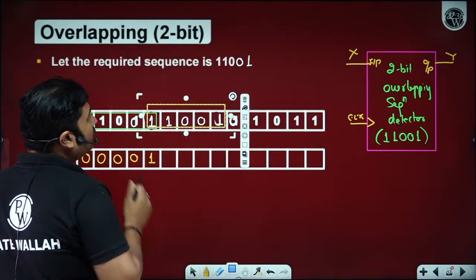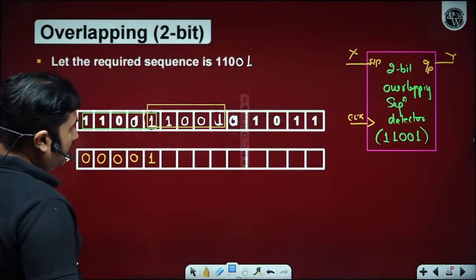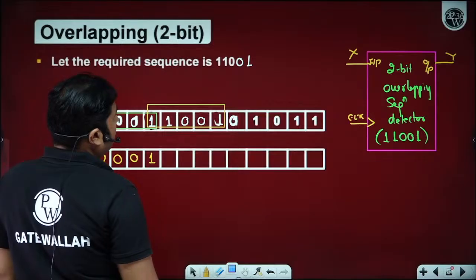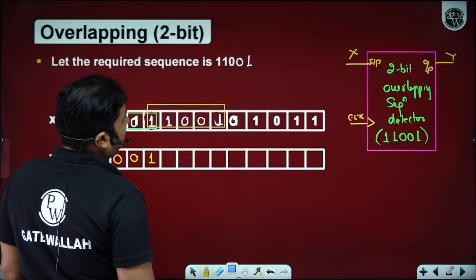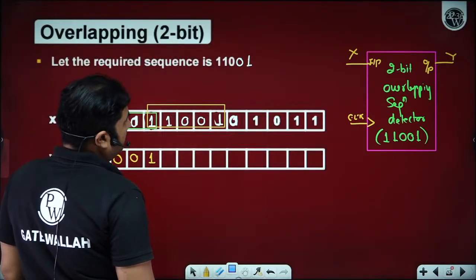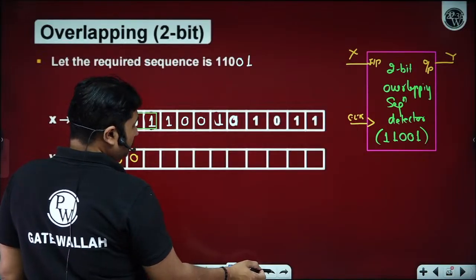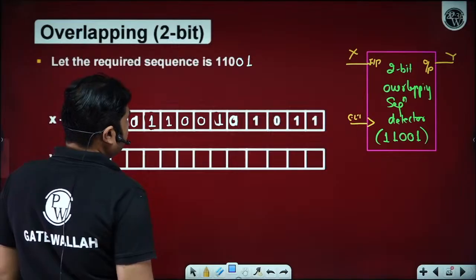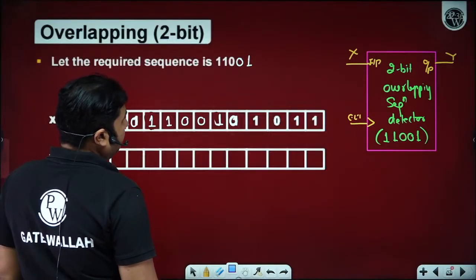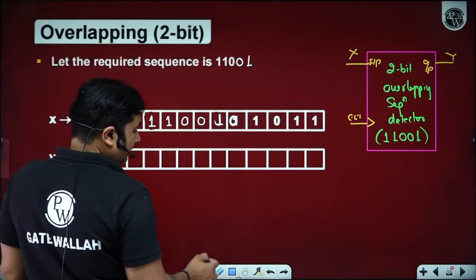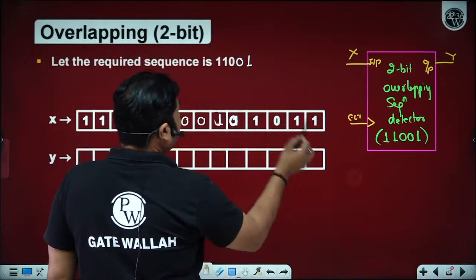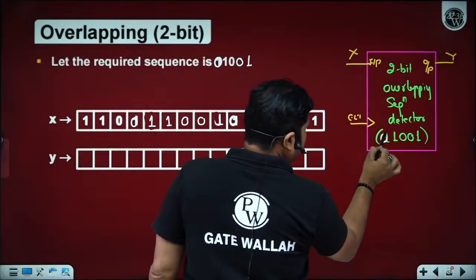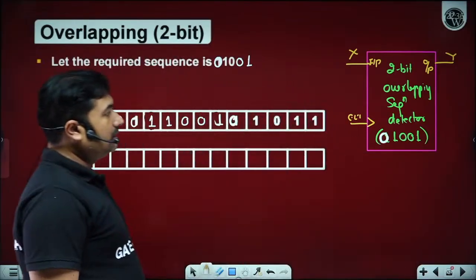So now if you observe a 2-bit overlap, 0 1 0 1, it is never going to be a 2-bit overlap. Okay, I'm sorry, beta ji. Actually, I made such an arrangement that never goes to 2-bit overlap. For 2-bit overlap, this must be 0. So I am converting it to 0 1 0 0 1.